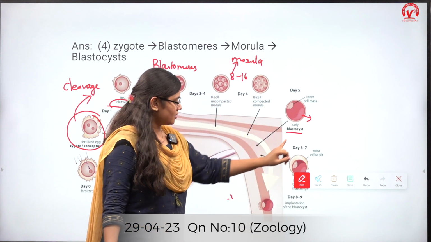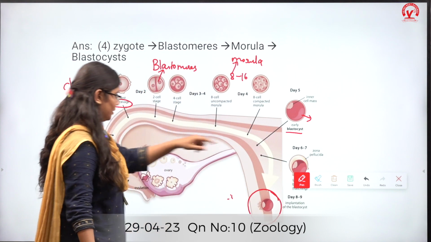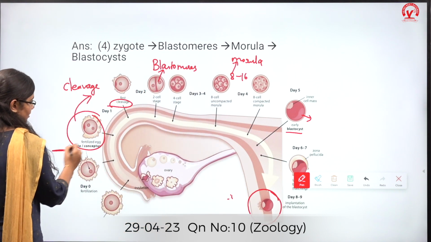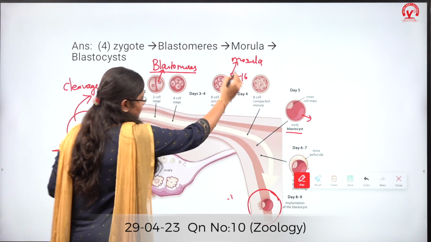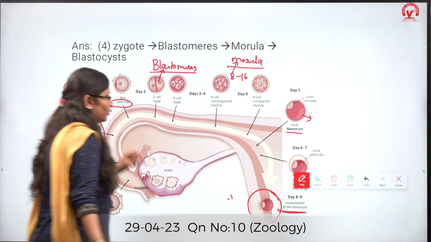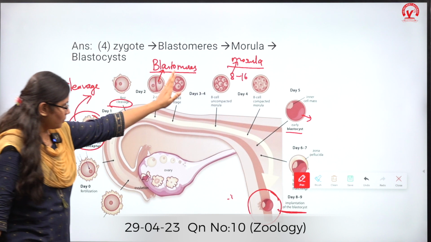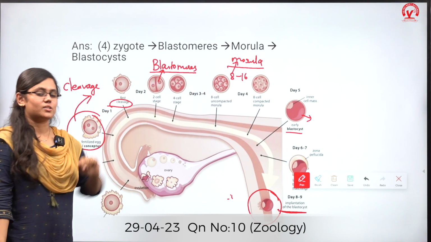So, this blastocyst gets implanted in the uterus. So, the correct order will be zygote, blastomere, morula and blastocyst. So, the correct option will be option 4, zygote, blastomere, morula followed by blastocyst.